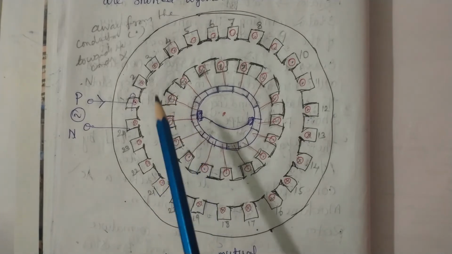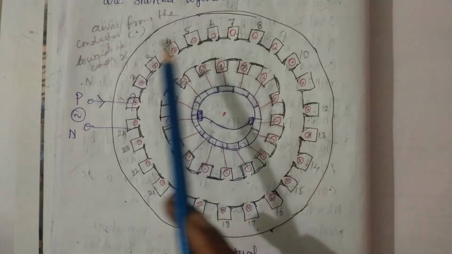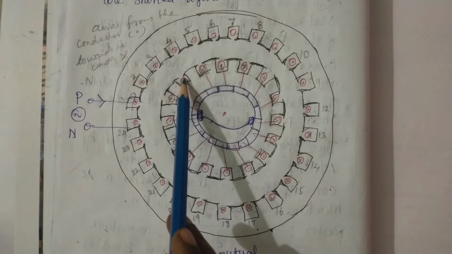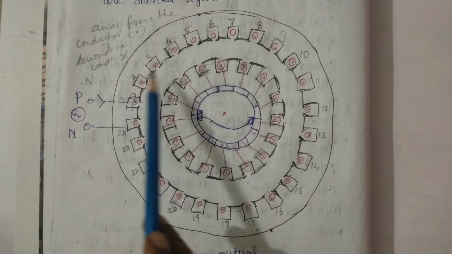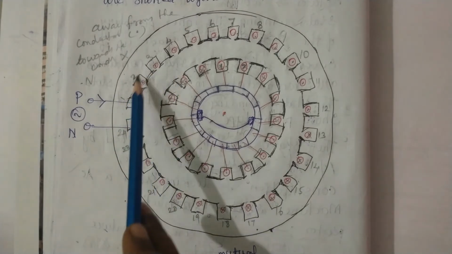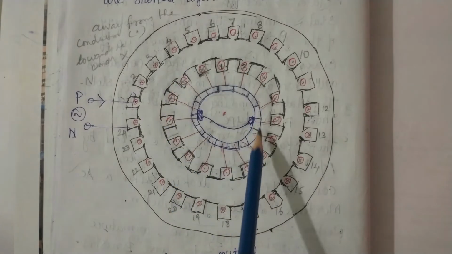That EMF always opposes the cause producing it. Here the cause is the supply side, so the induced EMF will oppose the supply voltage. That is why we follow the reverse symbol on the rotor side.